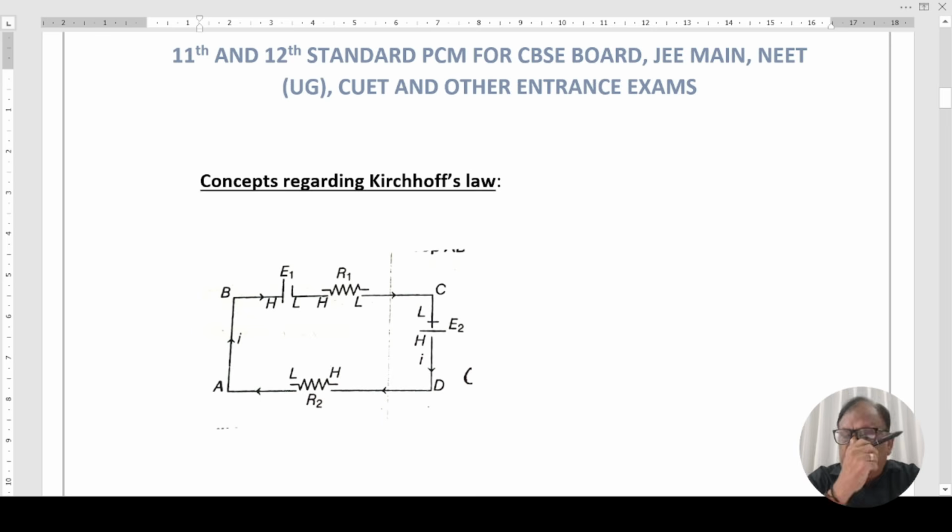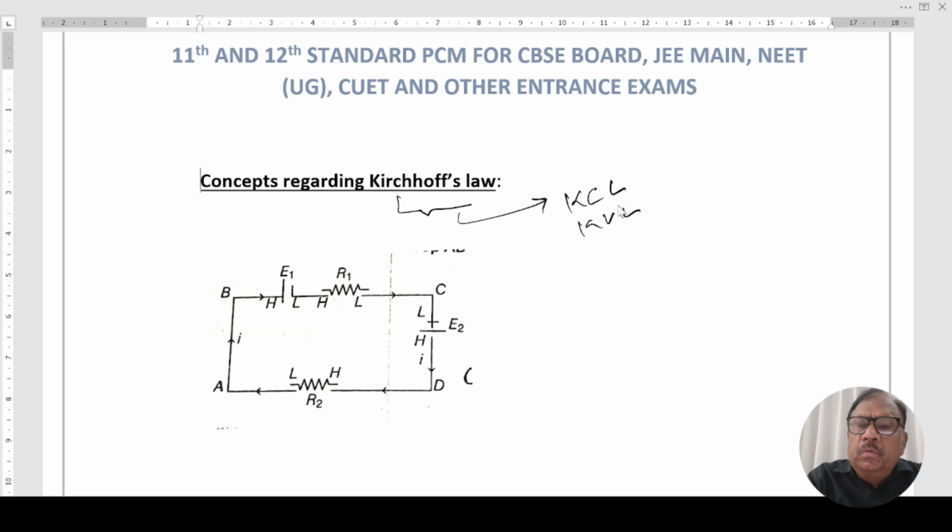Concept regarding Kirchhoff's law. There are two Kirchhoff's laws: Kirchhoff's current law and Kirchhoff's voltage law. इसको फर्स्ट लॉ भी कहते हैं, इसको सेकंड लॉ भी कहते हैं.